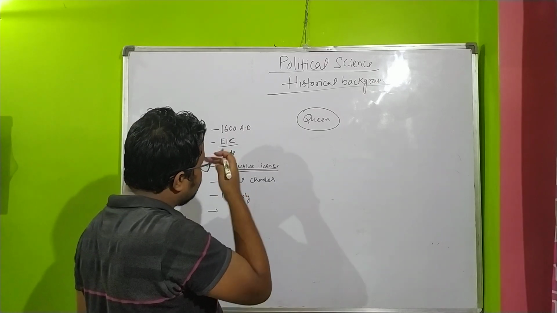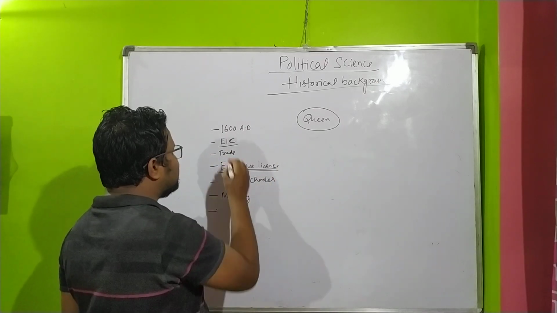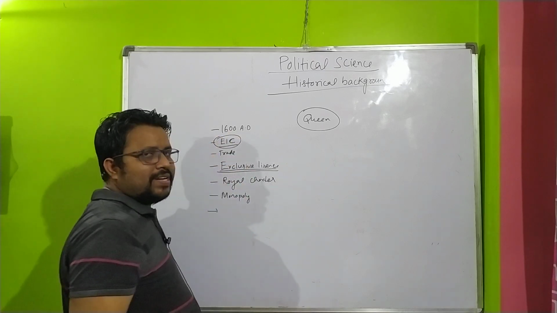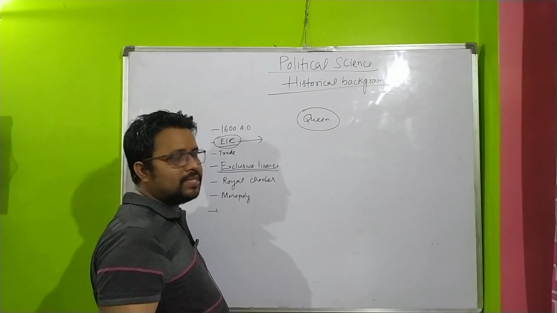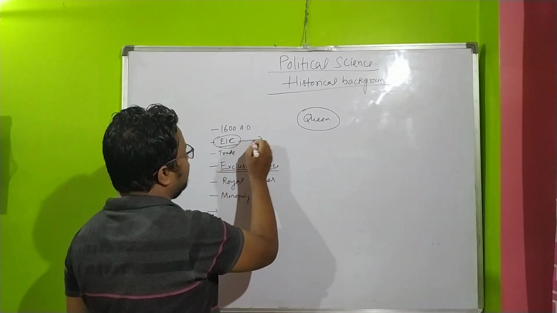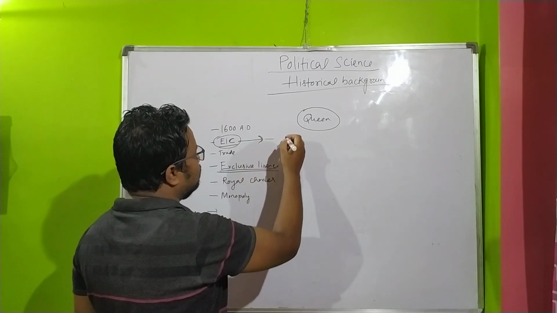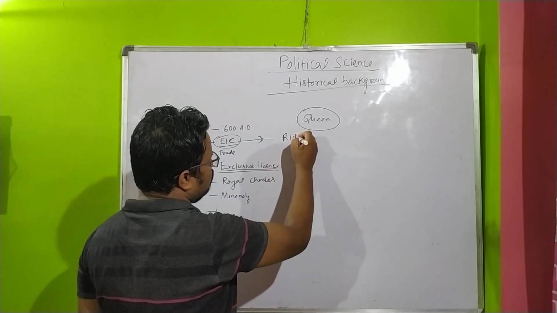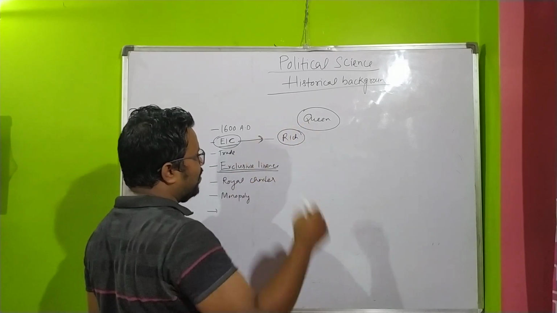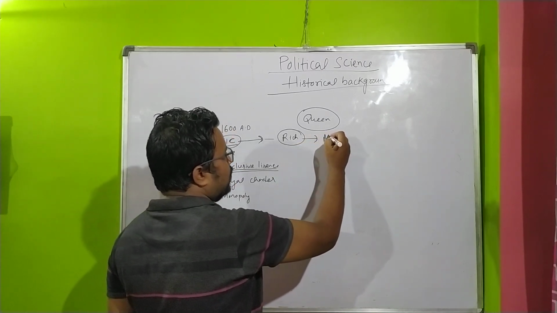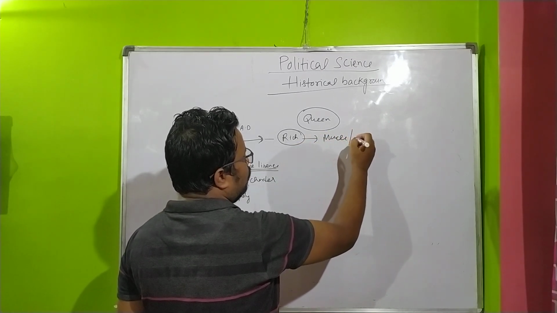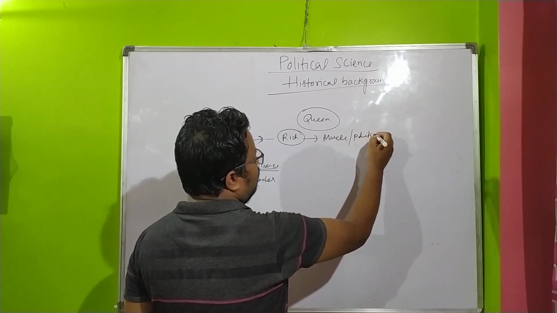This company was trading with India, one of the richest countries in the world, and that's why this company became very rich. Their muscle power rose and their political power also rose.